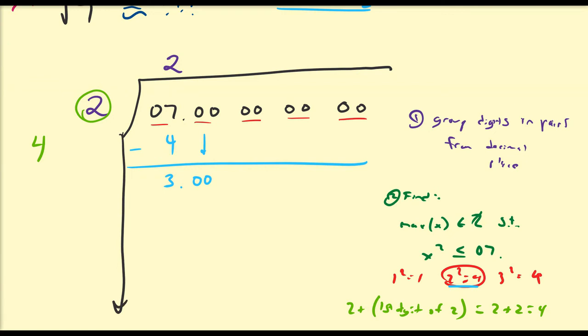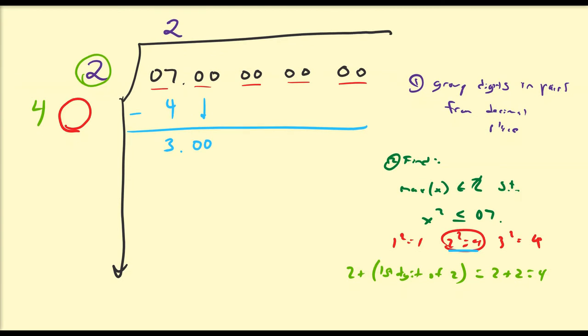Now we're going to do a little guessing game. We're looking for a digit that goes in this little circle here, and that digit has to satisfy the following property: 4 digit times that digit must be less than or equal to 300, where this 300 is coming from here.